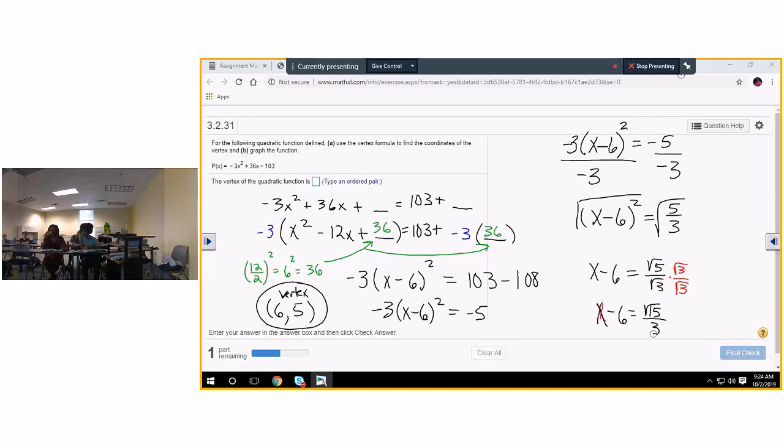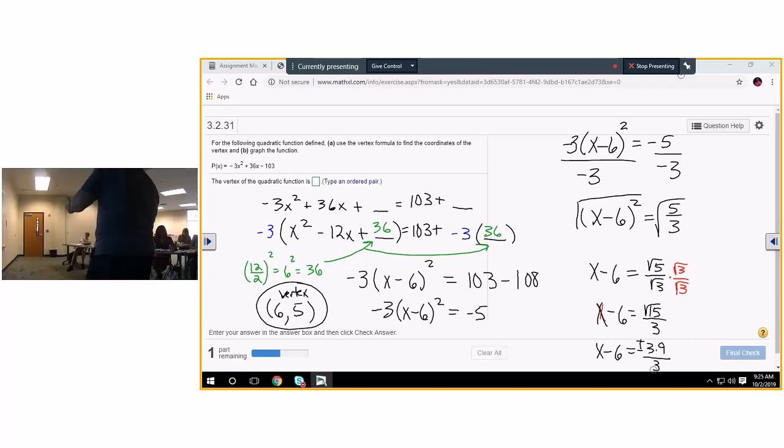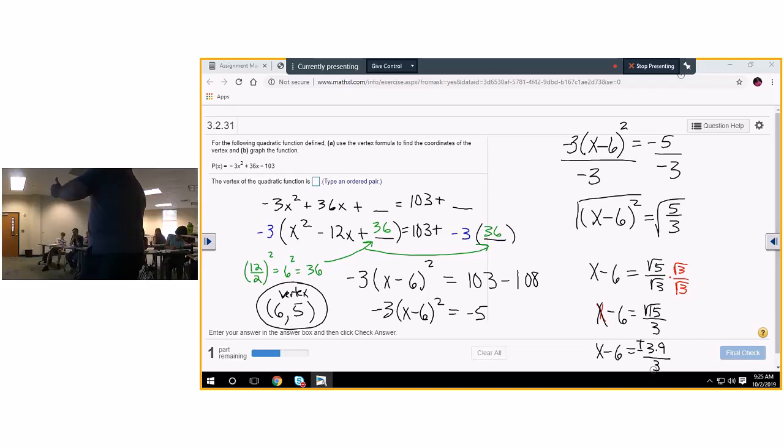So x minus 6 is equal to positive or negative 3.9 over 3. Now, you can do this two ways. You can go ahead and divide 3 into 3.9 and get positive or negative 1.3, or you can change 6 into 18/3. I'm going to go ahead and change 3.9 into 1.3.